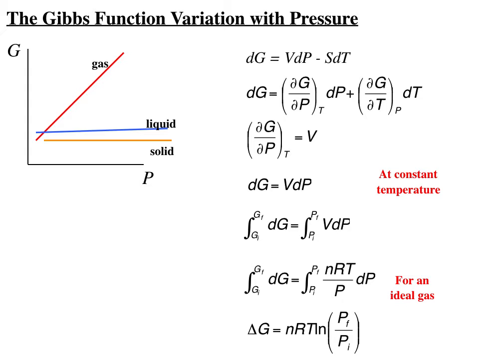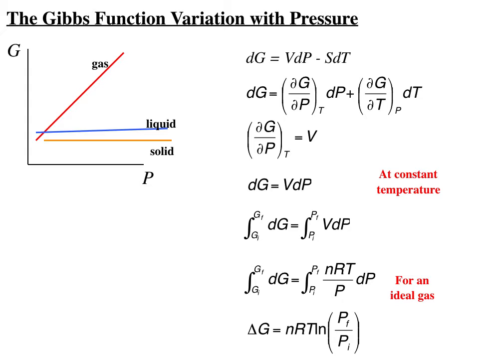Now let's return to the idea of how the Gibbs function varies with pressure. Let's note that if I do an isothermal experiment, dG is VdP, and therefore I integrate both sides and allow the pressure to vary from some initial to some final, and simultaneously the Gibbs function will vary from some initial to some final.